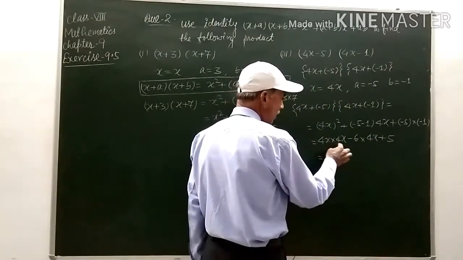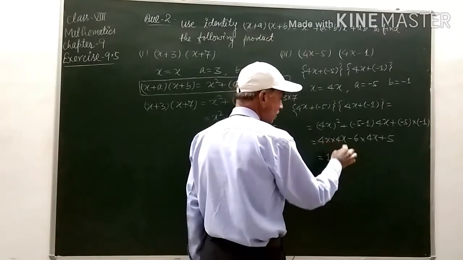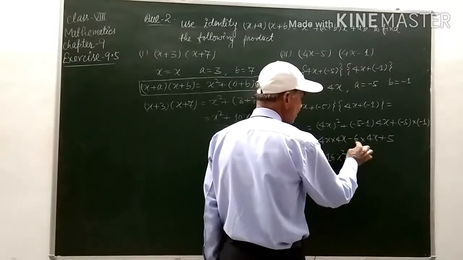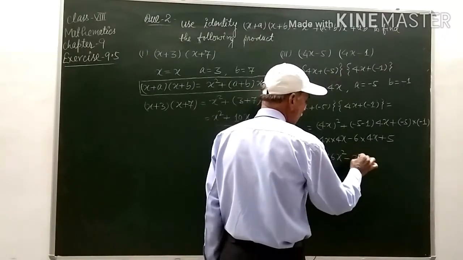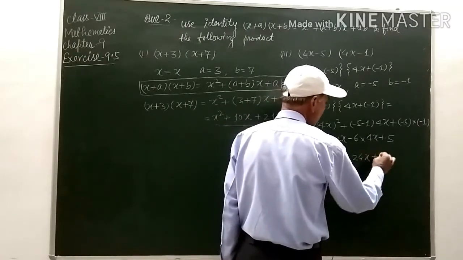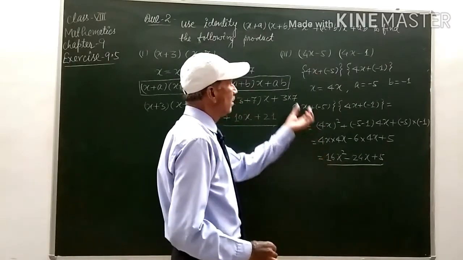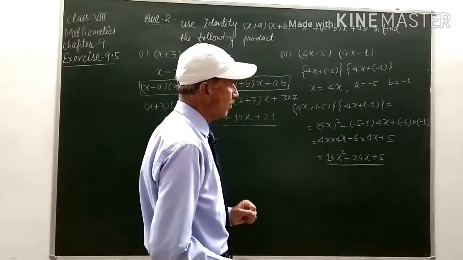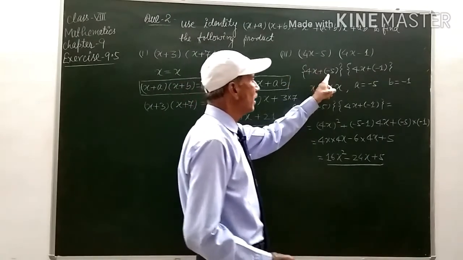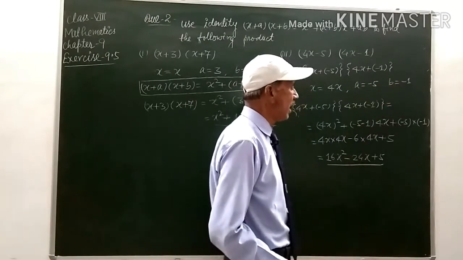Now 4 into 4 is 16, x into x, x², −6 4s are 24, so 24x, plus 5. This is the solution of the third part of the question, and in this part you have used in place of a, that is −5, and in place of b, that is −1.